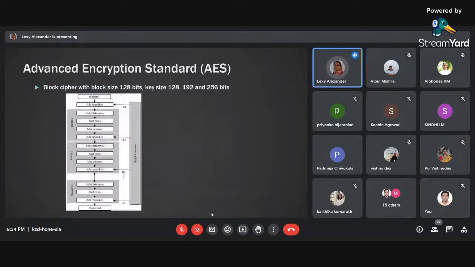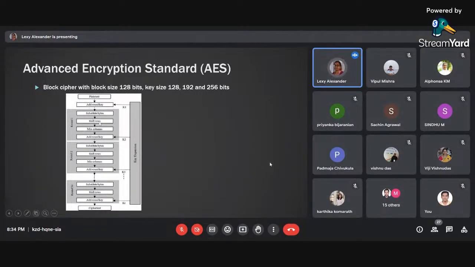Now we are going to apply this to the Advanced Encryption Standard, AES. The AES description was already covered on the first day, so I am not describing it again. It is a block cipher with 128-bit blocks and variable key sizes of 128, 192, and 256.